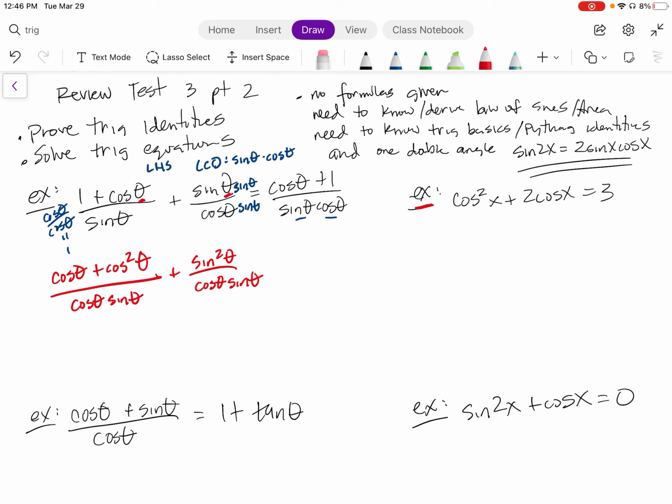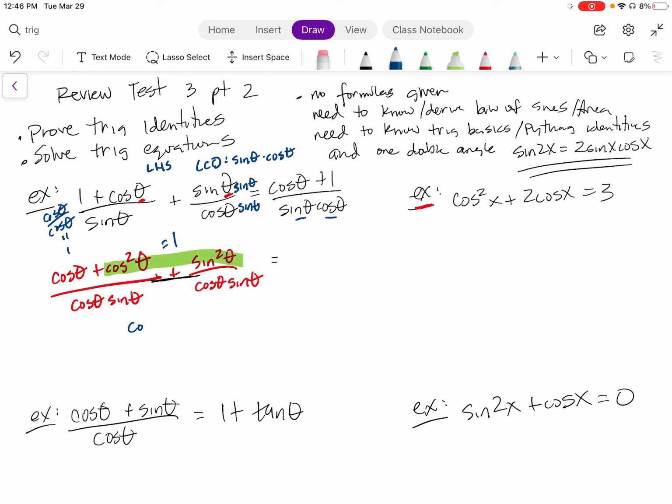Now again, we had an LCD, so we could have just combined the common denominator, all into one numerator if you wanted. But more so, what's to notice is anytime you see sine squared plus cosine squared, we know that that is 1. Always keep an eye out for that. That appears often enough, and actually that will do it.